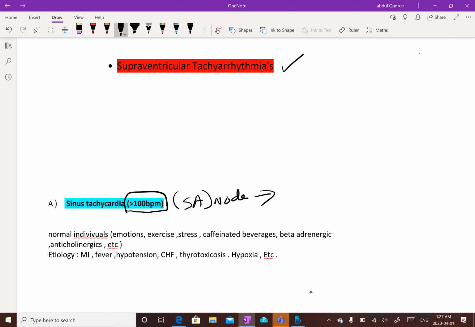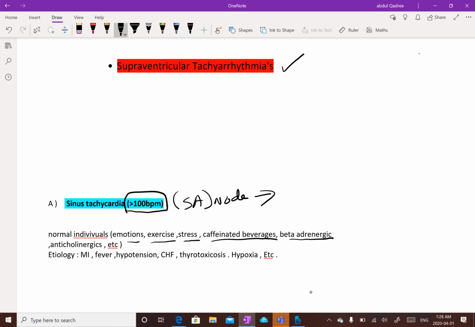This usually happens in normal individuals due to emotions, exercise, stress, caffeinated beverages, beta adrenergics, anticholinergics, and so on. So it's very normal to have an increase in heart rate due to some sort of normal reaction to daily life.